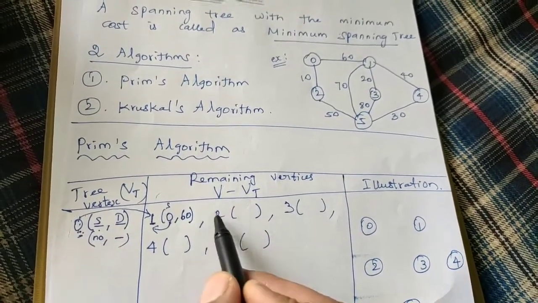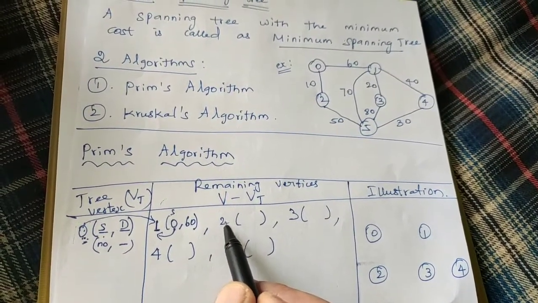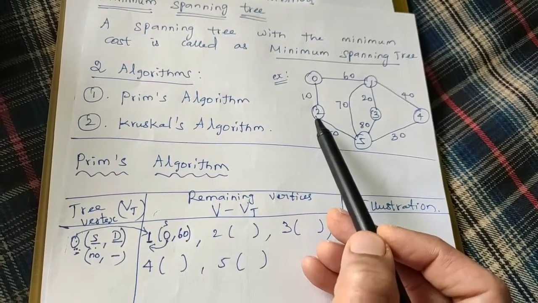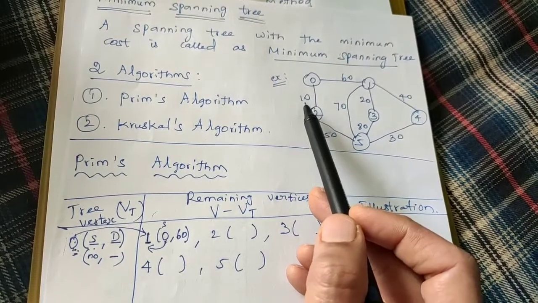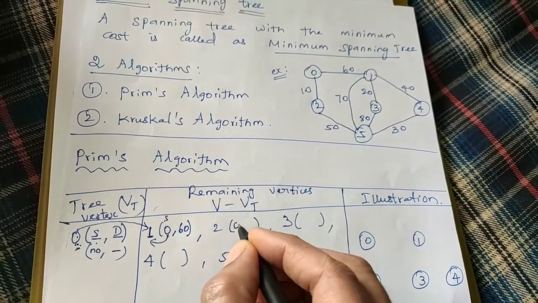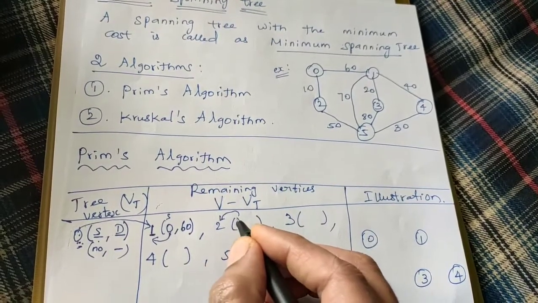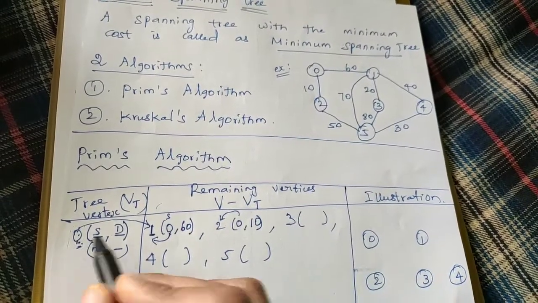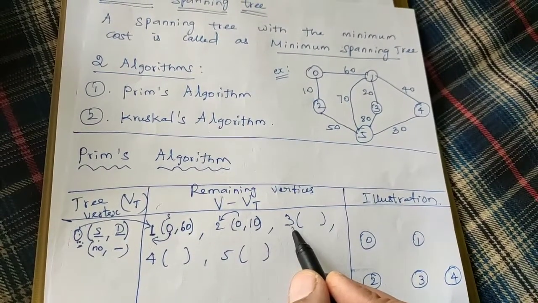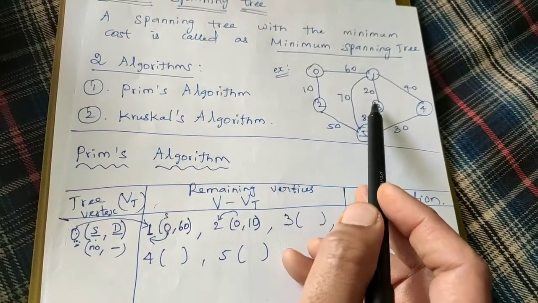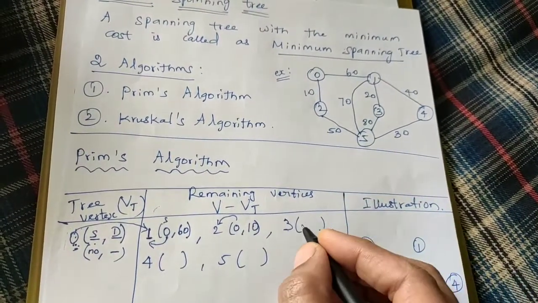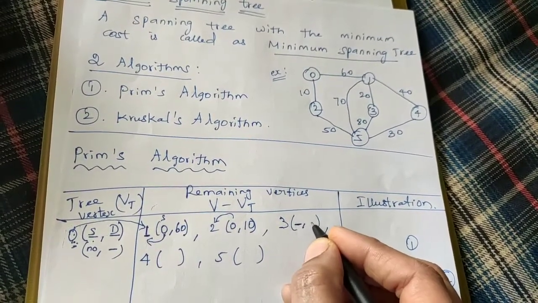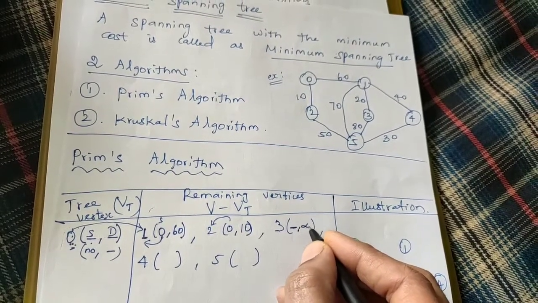Similarly, 0 to 2, whether you will be able to visit or not, you need to look at your graph. 0 to 2 I can visit with the value 10. Now 0 to 3, whether I will be able to visit or not, I need to check. 0 to 3 I cannot visit directly, so I will leave the source of the 3rd vertex empty. There is no distance, so I will leave it as infinity.